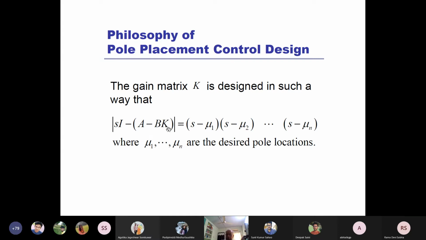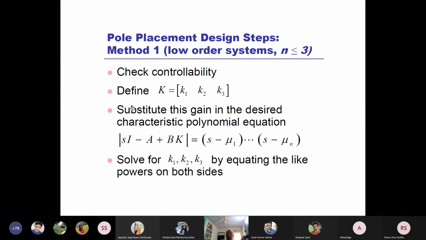Normally, for a low order system, for n less than or equal to 3, we have these design steps. The first design step will always be to check the controllability condition. If the system is not fully state controllable, then we cannot apply this method.